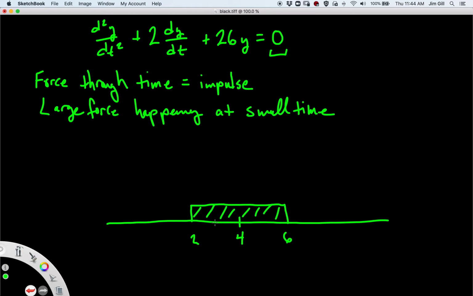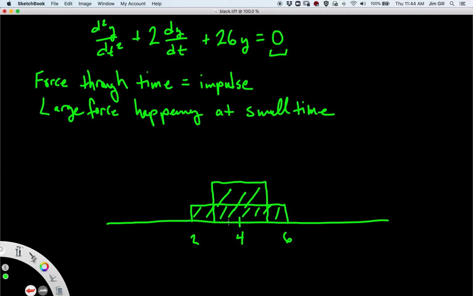Well, I could instead deliver a similar amount of impulse by driving for only 2 seconds, but with a force of 1/2. Right? So the idea here is the impulse delivered to the system in both of these two is the same. In the first driving that I did, I delivered my impulse over 4 seconds. Now I'm delivering that impulse over 2 seconds.